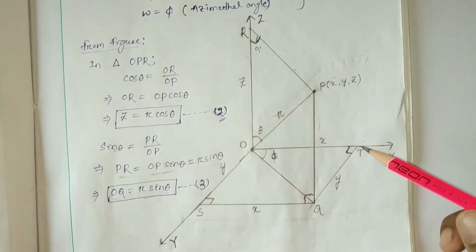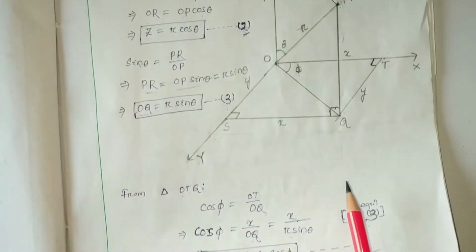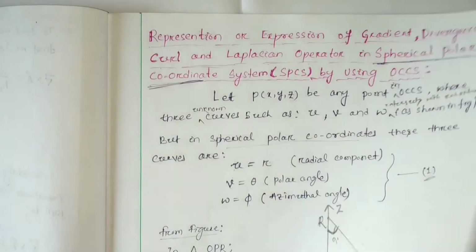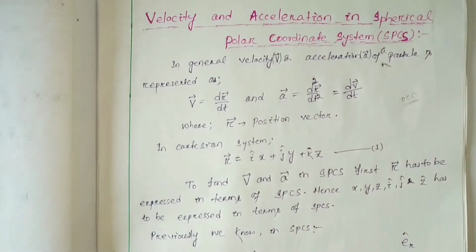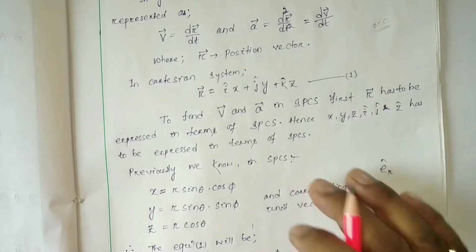In the spherical polar coordinate system, we found z equal to r cos theta, x equal to r sin theta cos phi, and y equal to r sin theta sin phi. These results we are also going to use in today's video.